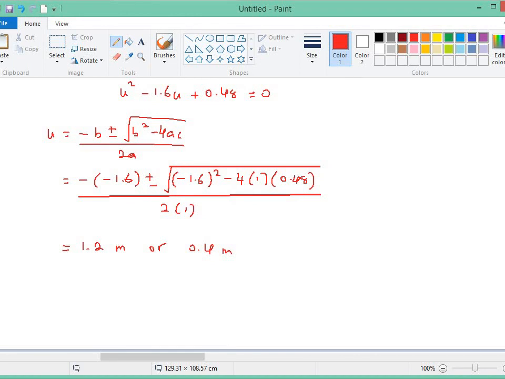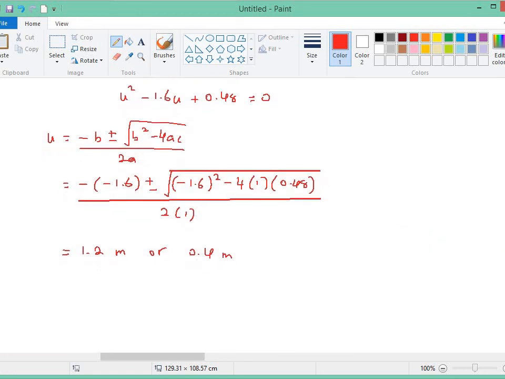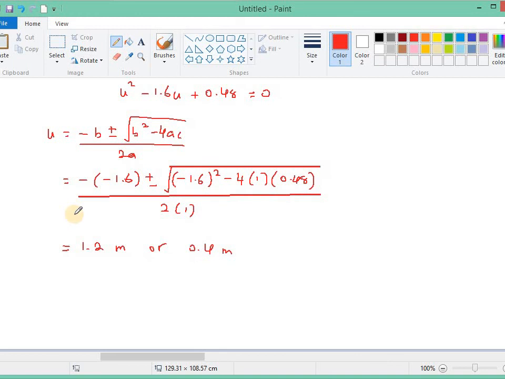Sorry it takes such a long time. I keyed in the calculator wrongly and got a problem, so it took a very long time. The two object distances are at 1.2 meter and 0.4 meter.